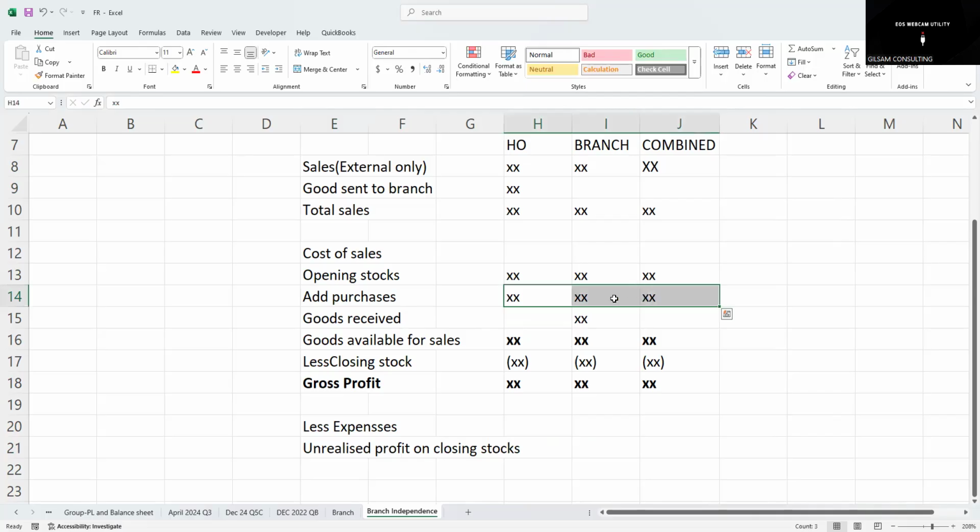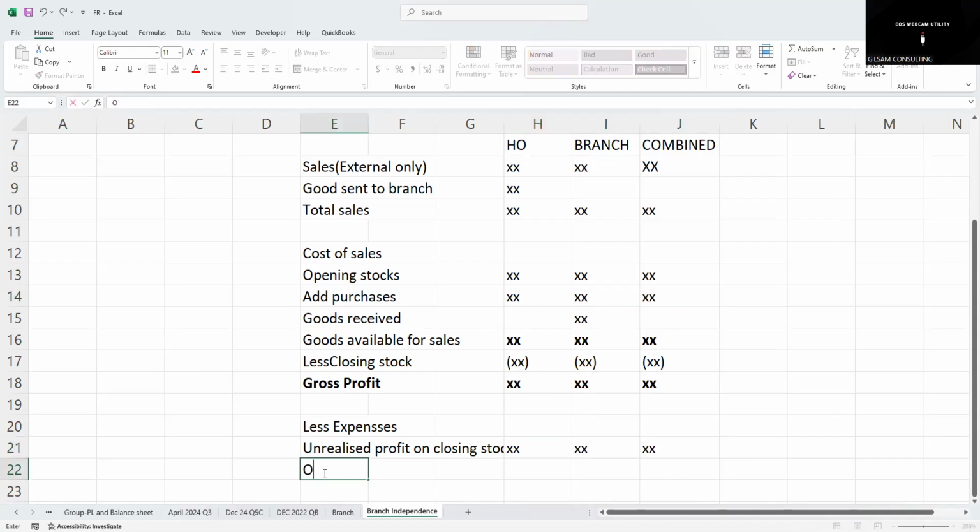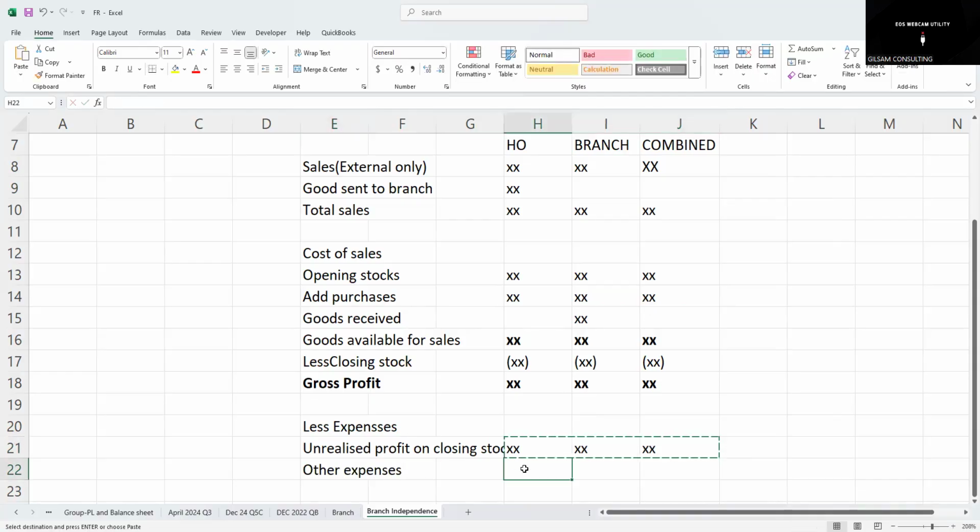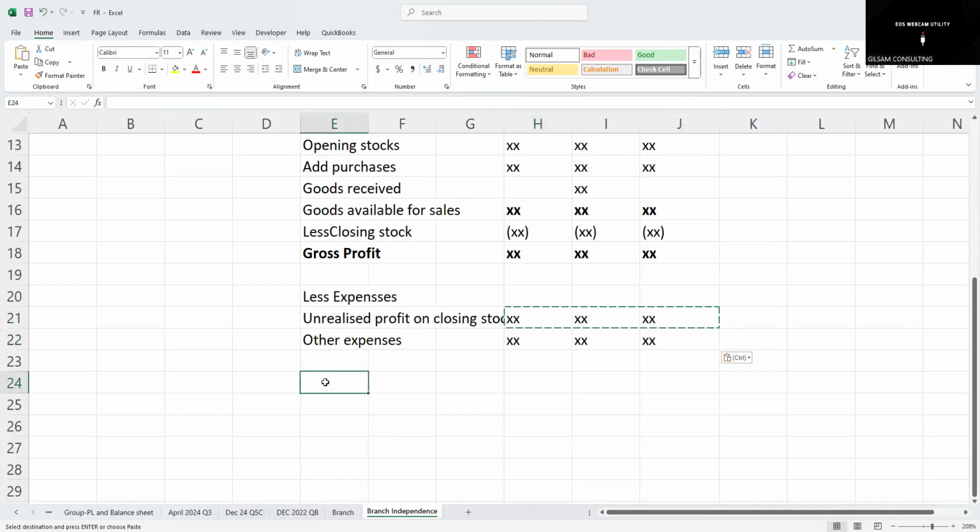Apart from the common ones, you will say other expenses, which you don't know. So if you less from that, you get your net income or the profit.